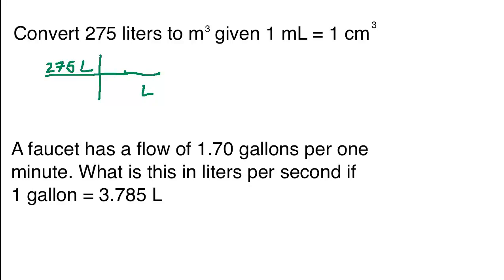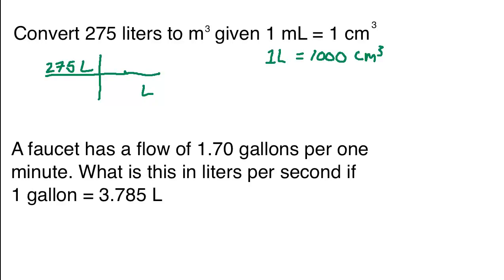If 1 milliliter equals 1 centimeter cubed, then 1 liter needs to equal what? You should come up with 1,000 centimeters cubed, right? Because a liter would be 1,000 milliliters.